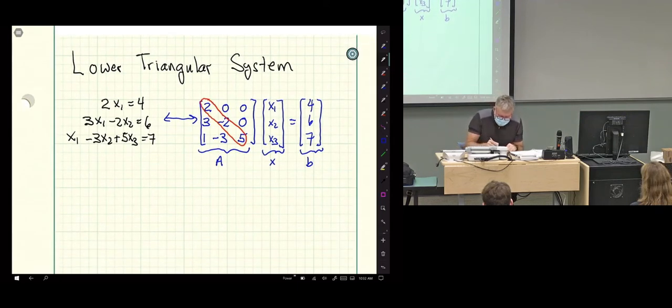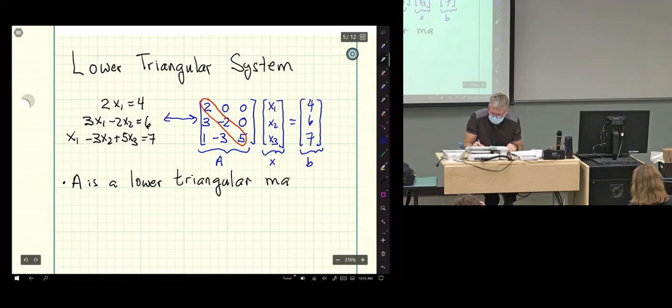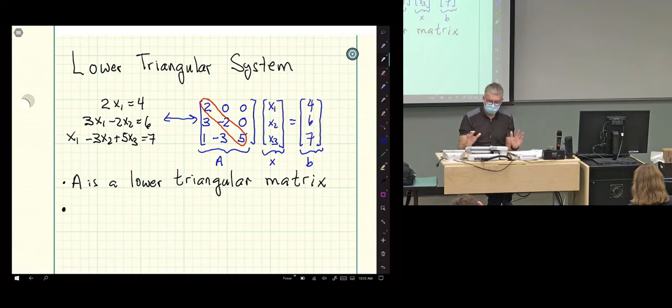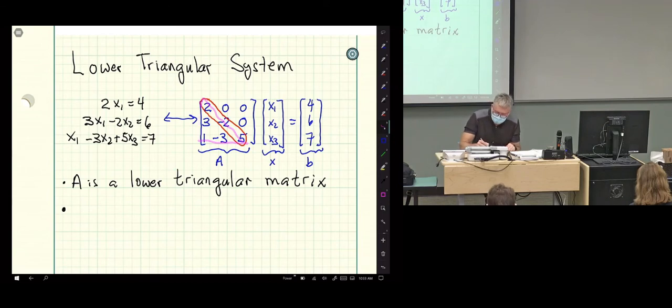So A is called a lower triangular matrix. Okay. What makes it lower triangular? Well, you can kind of see a triangle here, so that's why people call it that, right? I mean, there's a triangle. And it's in the lower part of the matrix versus this triangle, which would be an upper triangular matrix when we get to that, okay?